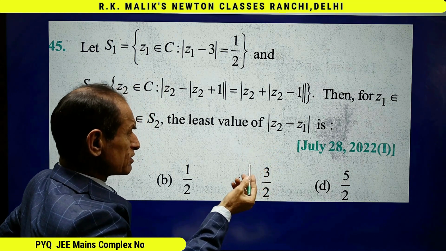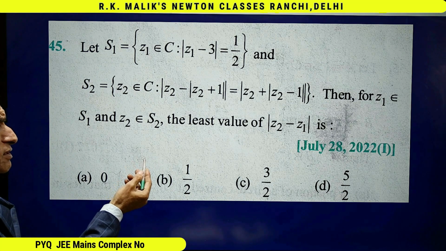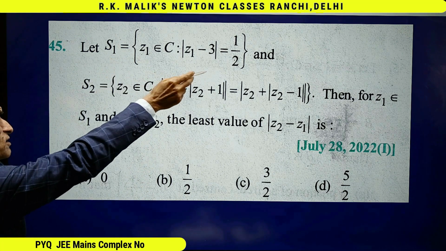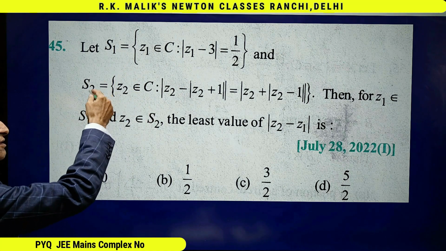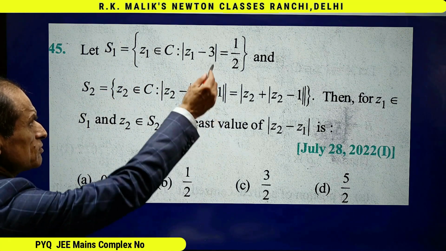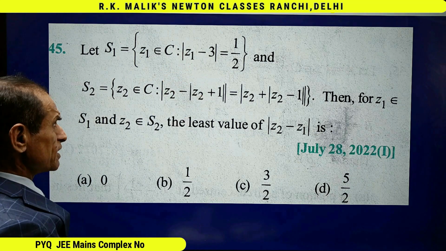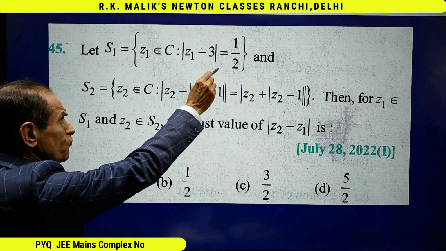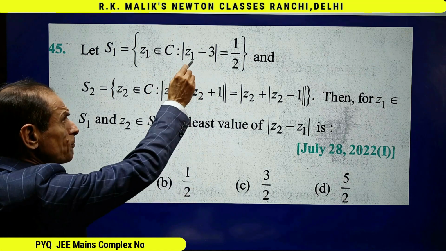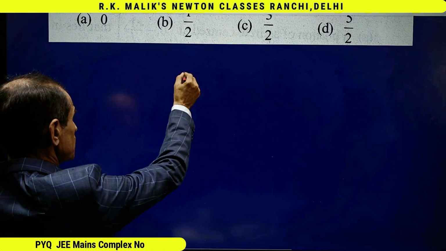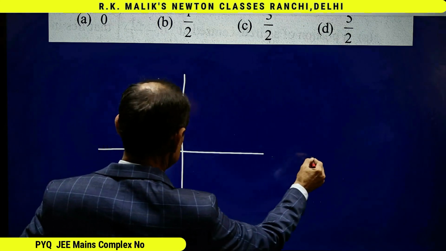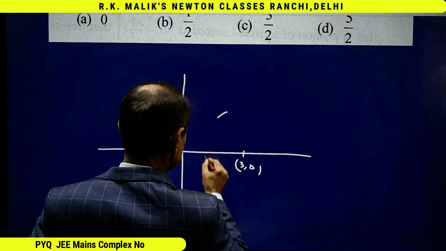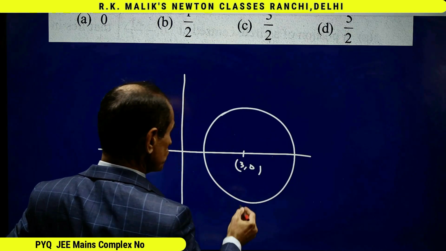That is, we can say minimum distance between 2 points, one of which lies in this region, other lies in this region. This equation clearly represents the set of all the points which are at a distance of 1 by 2 from the complex number 3, that is, center 3, 0 and radius 1 by 2.